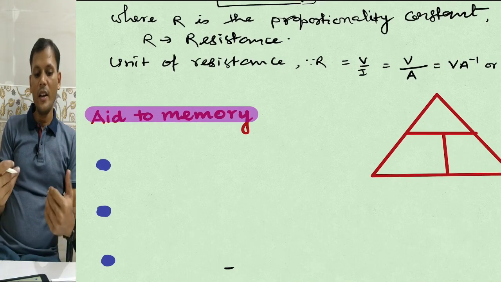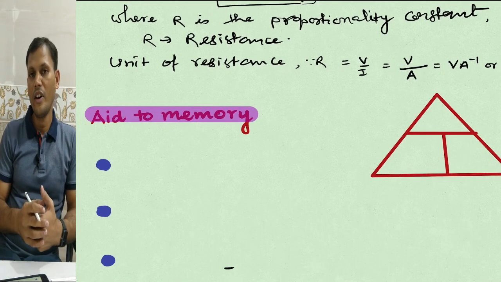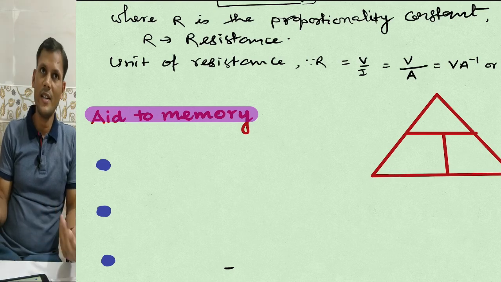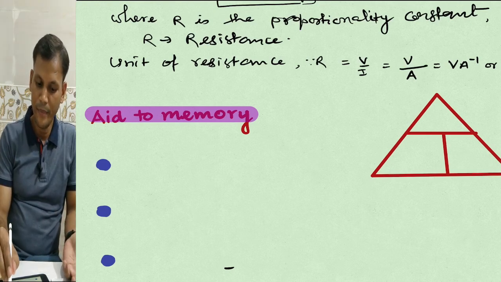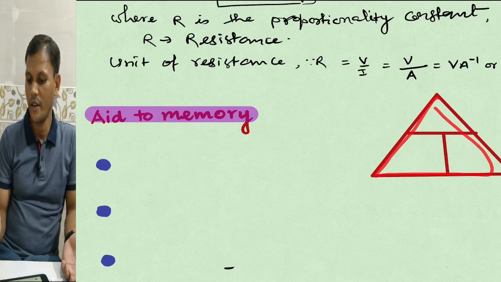Now how can we remember the formula V = IR? It is so simple. We can commit it to memory with this triangle diagram that I have drawn.